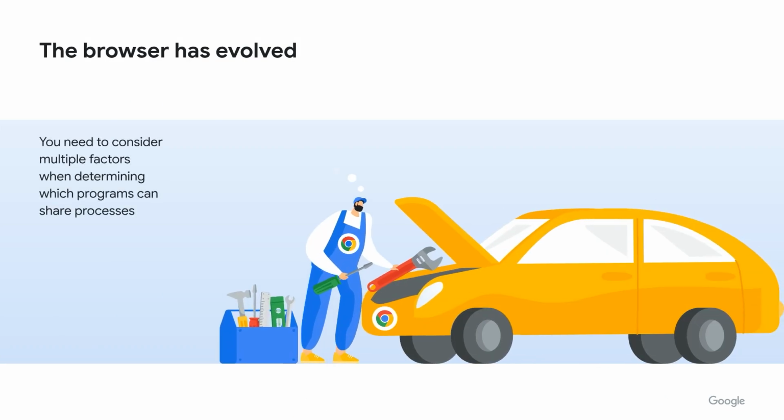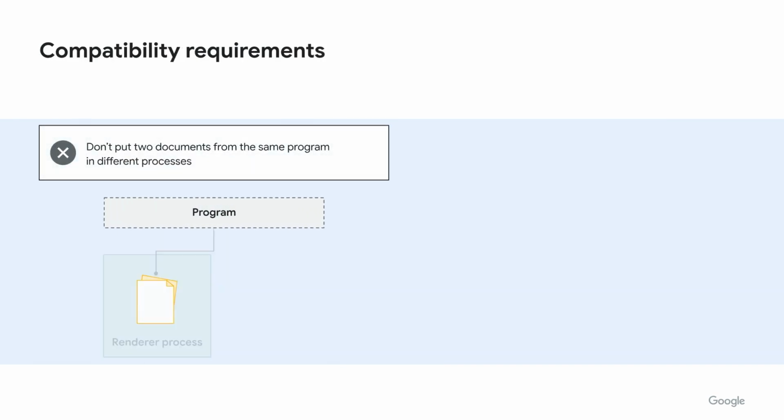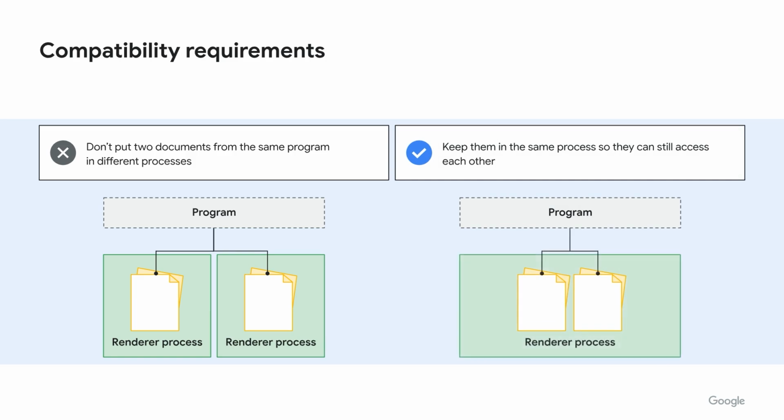When considering changes to the process model and which programs are sharing processes, there are several constraints that you need to bear in mind. Some of these constraints relate to security, such as not allowing programs from different sites in the same process. Other constraints relate to compatibility requirements, such as not putting 2 documents from the same program in different processes.